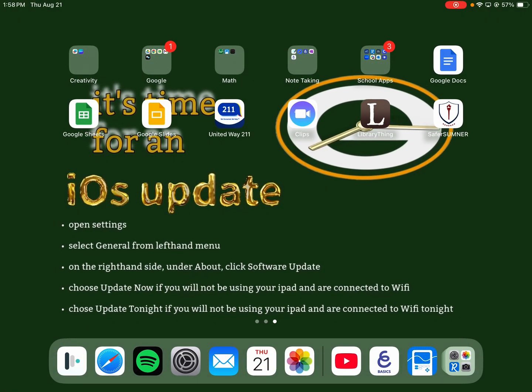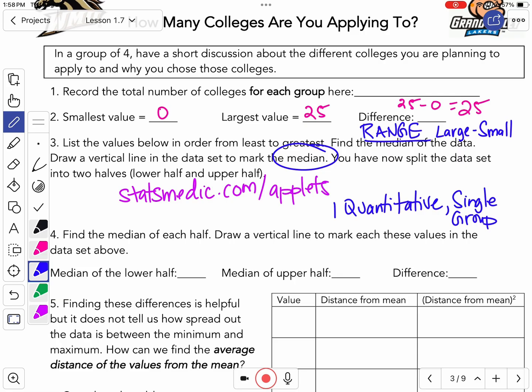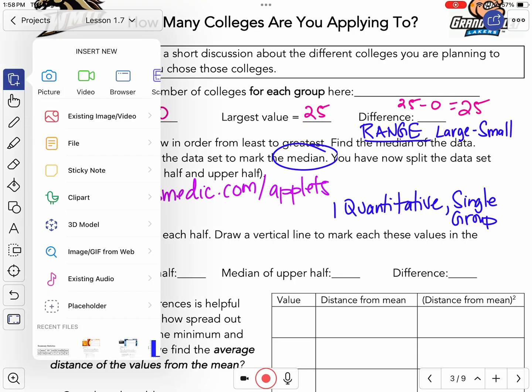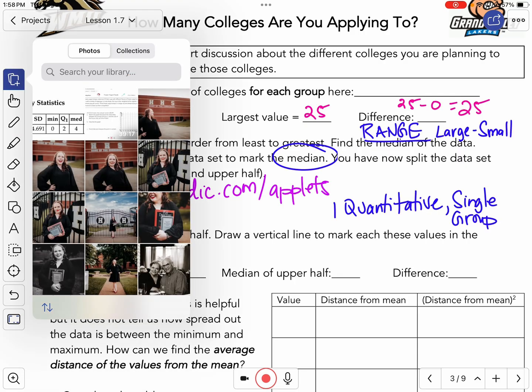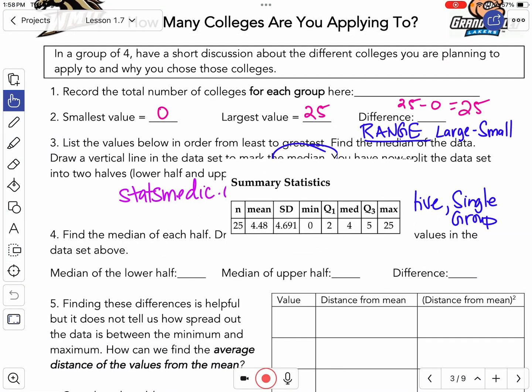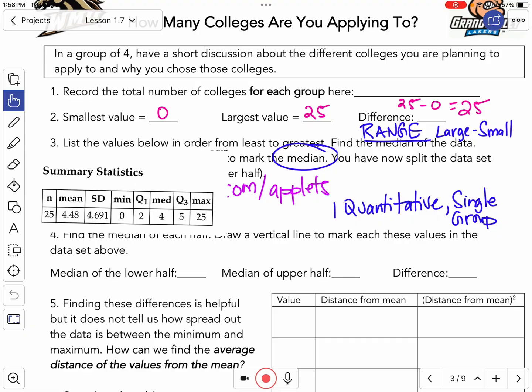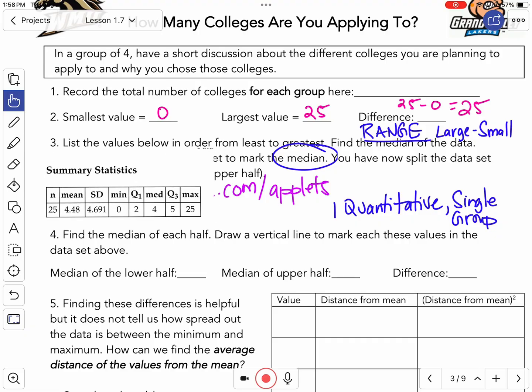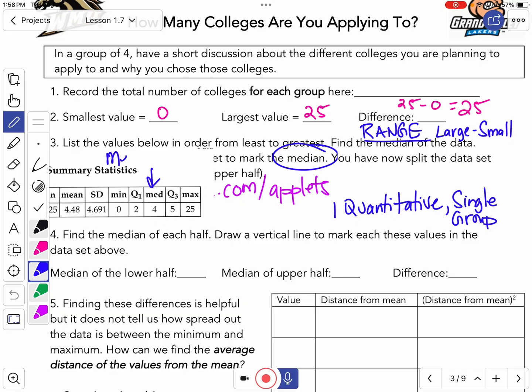Let me go back over here. Going to insert my picture. I'm going to shrink this down. That's where we went, statsmedic.com. So we know that our median is 4.